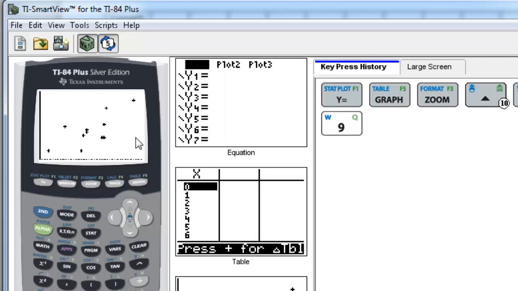So the next thing we need to find is the correlation coefficient. The correlation coefficient is the measure of the strength of the linear relationship. It lets us know how strong that relationship is. The values for R range between -1 and +1. Okay?